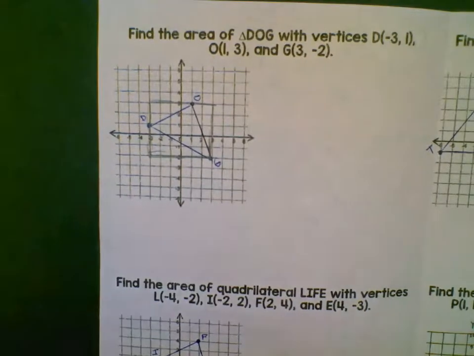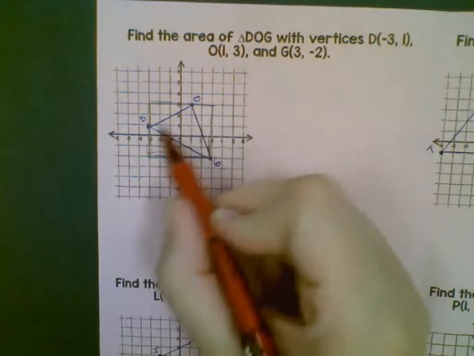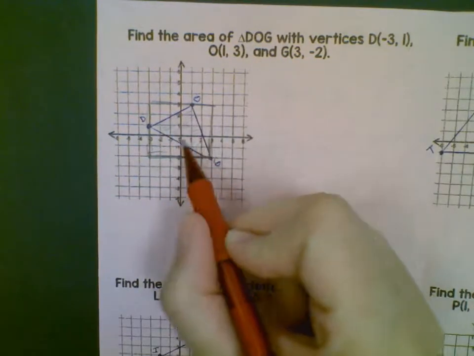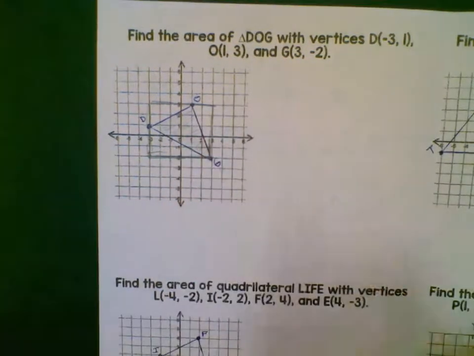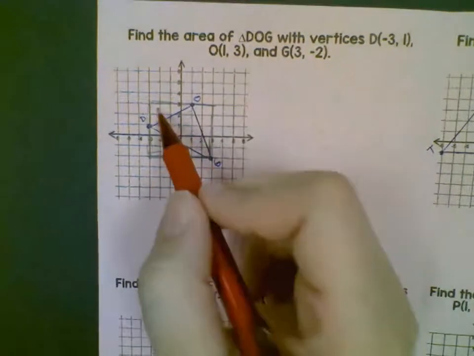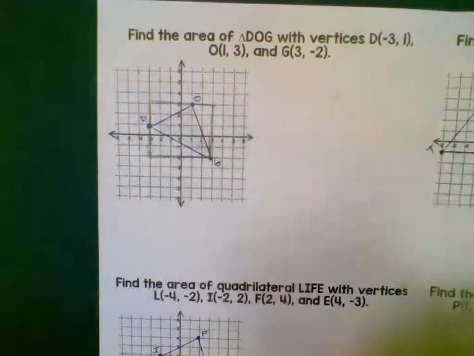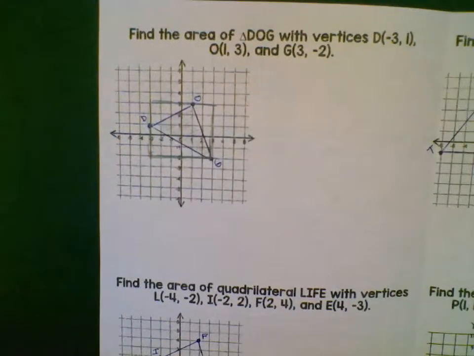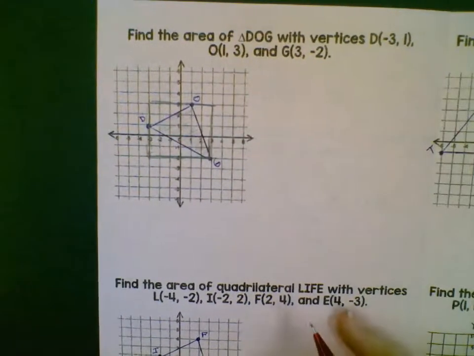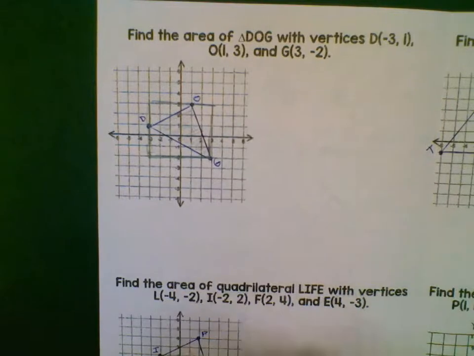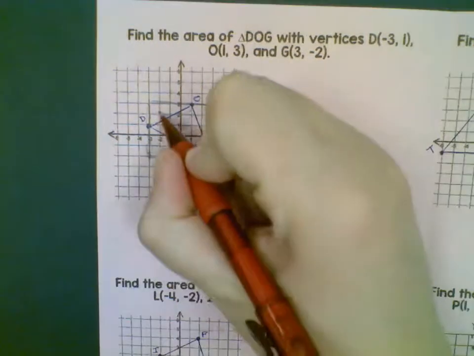Okay, so this is kind of like when we found the shaded area. Okay, if we consider this our shaded area, if we find the area of the whole thing and then subtract those other triangles, we'll have just the shaded part. Okay, so that's what we're going to do. So to help keep track of everything, I'm going to label our triangles.